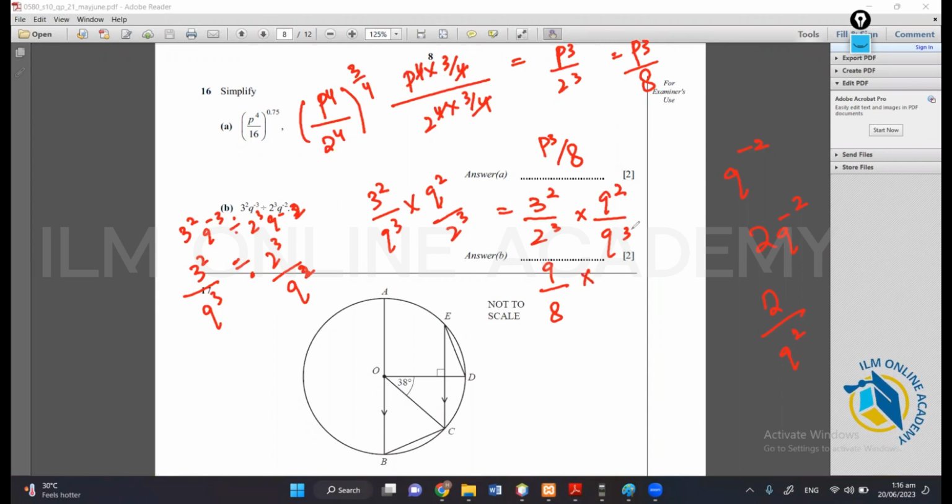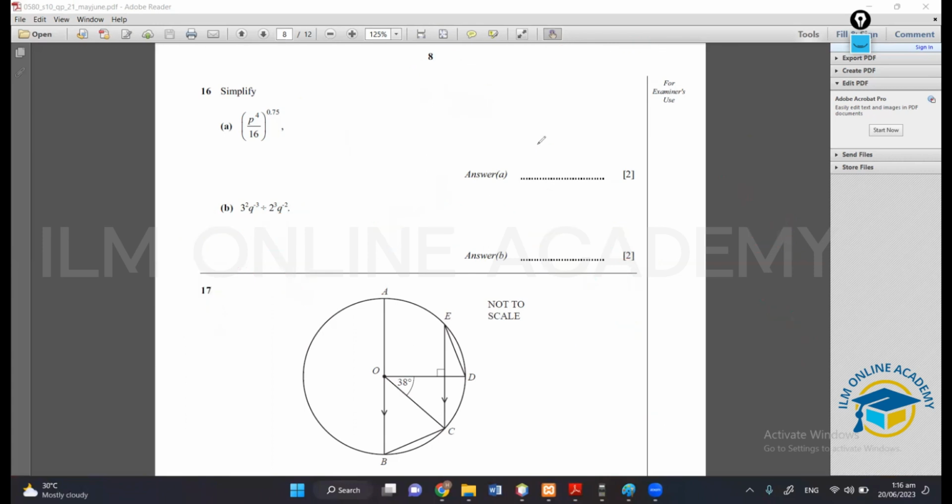Because the bases are the same and these are in division, the powers can be subtracted. So q to the power 2 minus 3, and 9 over 8 q to the power minus 1, and the answer is 9 over 8q. I have converted it into a positive power by moving it into the denominator. So here is its answer, 9 over 8q.